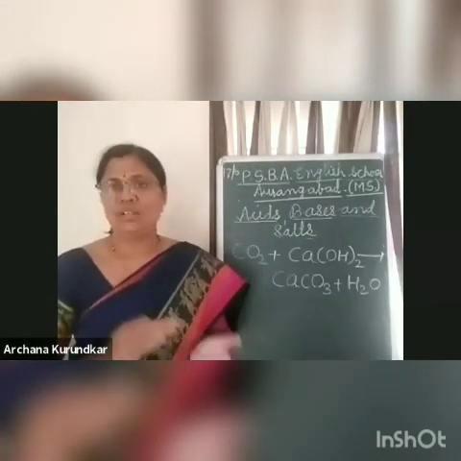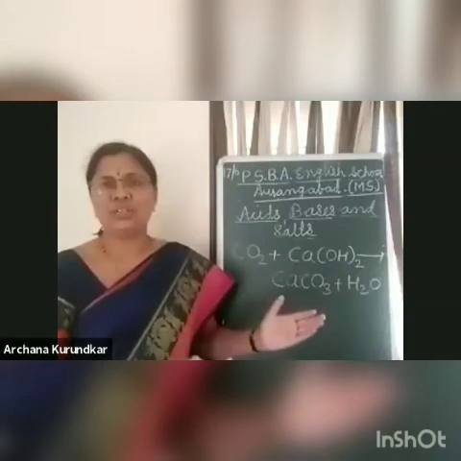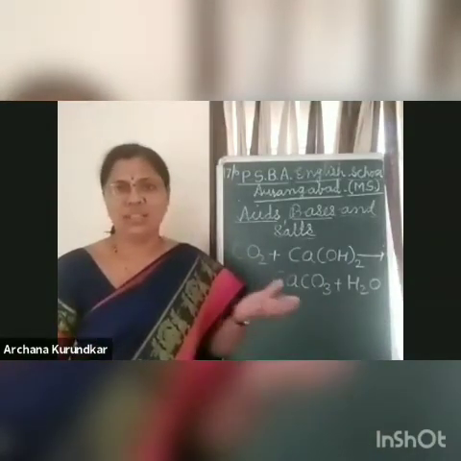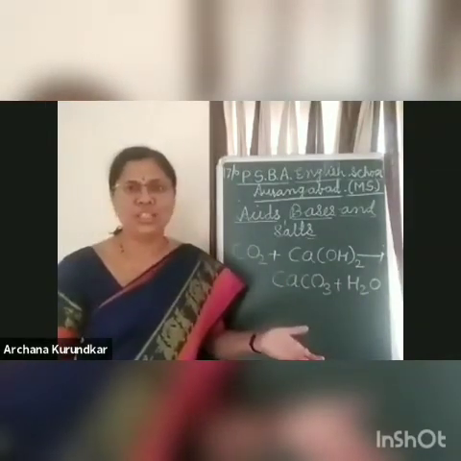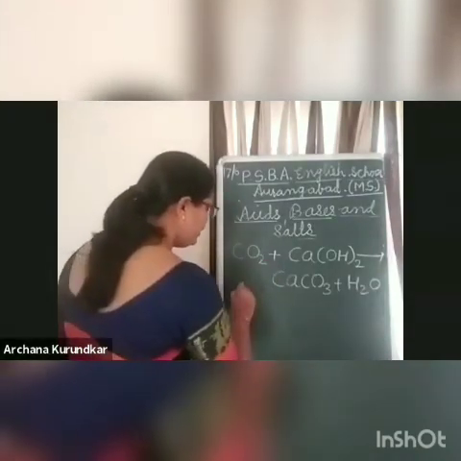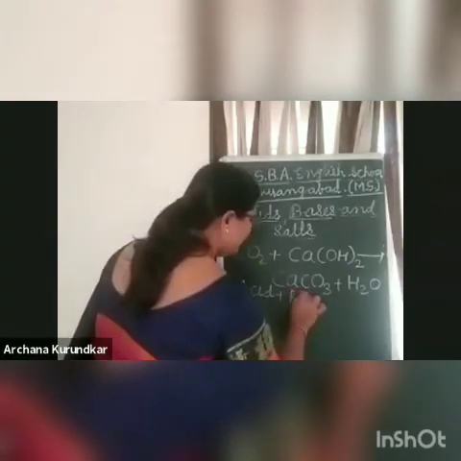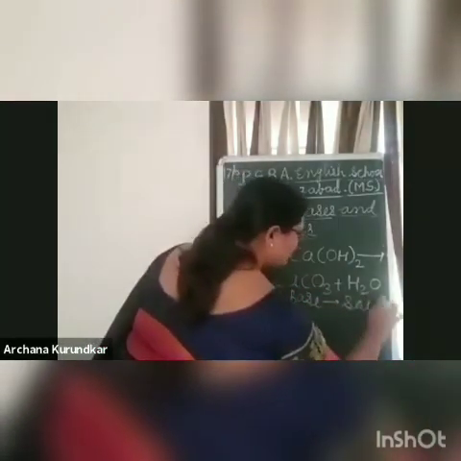I think you have understood now. I will write the neutralization reaction. You can immediately compare that reaction and you will come to know why they are called acidic oxides. Acid plus base gives salt and water.